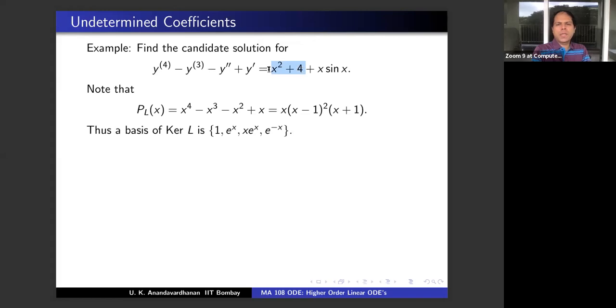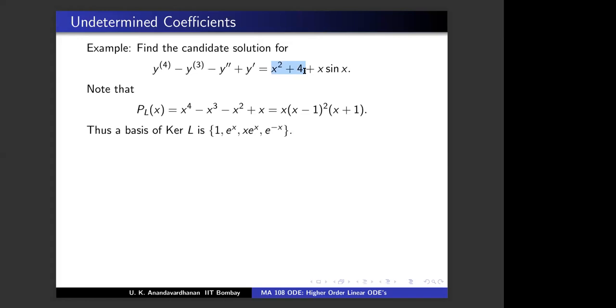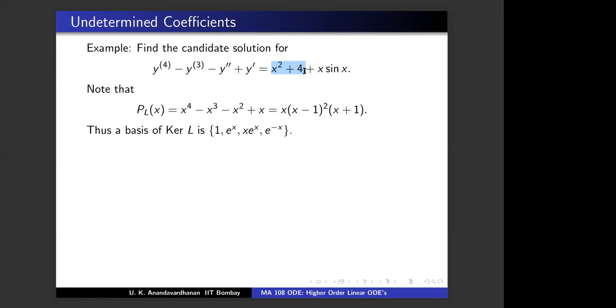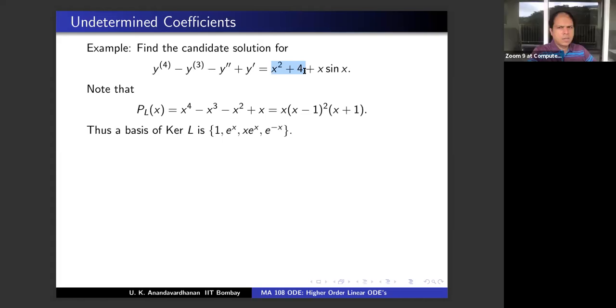So x square plus 4, what will be your initial guess? a x square plus b x plus c. I can't hear you clearly. So x square plus 4 gives you the candidate a x square plus b x plus c.